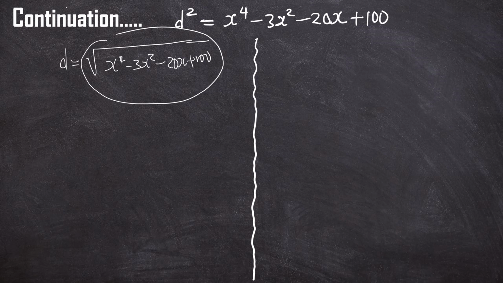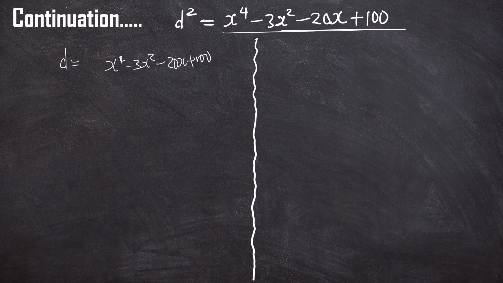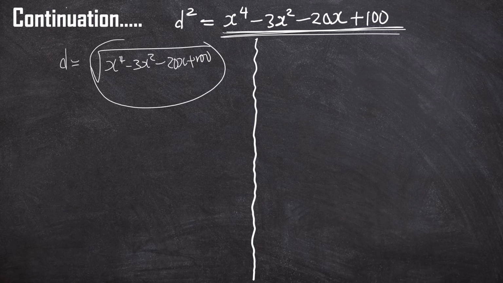Hence, we are keeping it as d squared, so that we know how to derivate that. But if we apply the square root, to say distance equals the square root of something, it's going to be very hard for us to derivate this, because you haven't learned this content in your grade 12. But you do know how to derivate that.